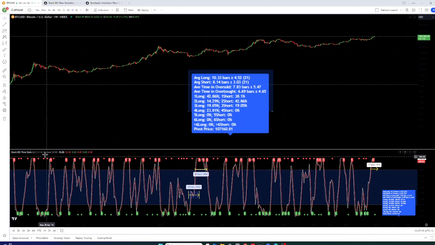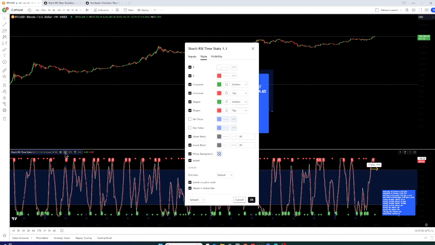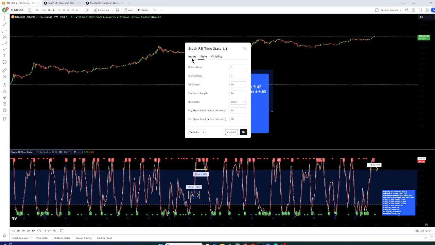Okay, so let's just go into some of the settings features of this indicator. We here have the typical RSI inputs, and you can of course change your source as is typical. But here are the thresholds for where your long and short signals actually fire off.